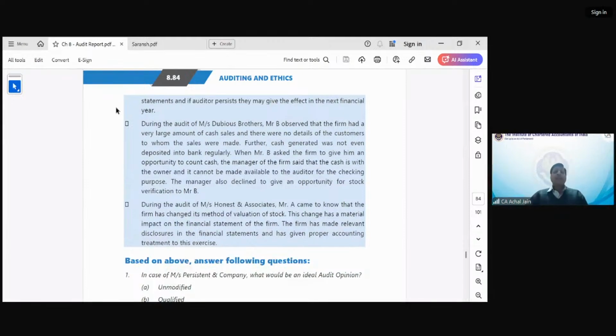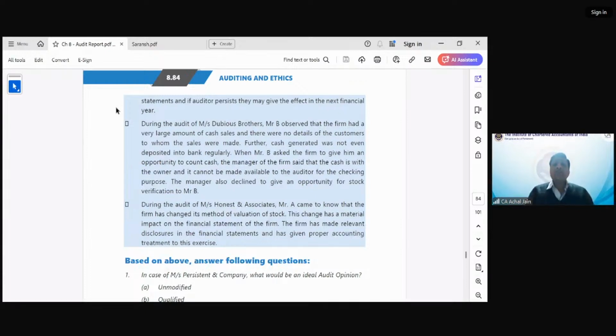See, the question simply requires you to choose one of the options. You can't write a descriptive answer. Like in the previous session we discussed, whenever you are not clear, you can say if material, then qualified. If material and pervasive, you will go to adverse or disclaimer.